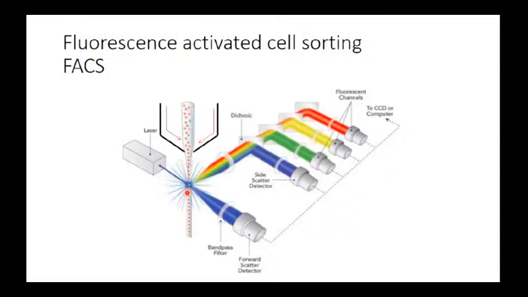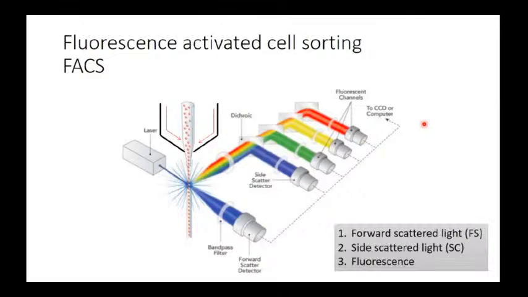But here there is also the fluorescence, which is detected by the fluorescence detectors. Here we have mirrors and filters, which are aimed to filter the light and to deliver particular wavelengths to the appropriate detector. Then all the detectors are connected to the computer, which is going to analyze the data. Now let's speak more in detail.